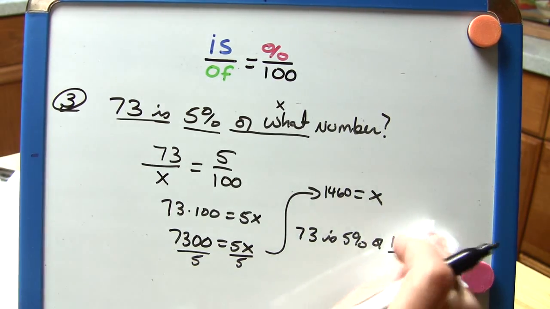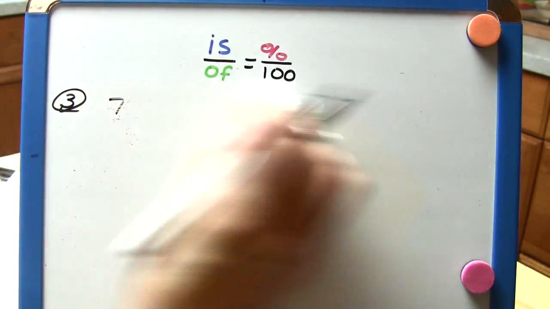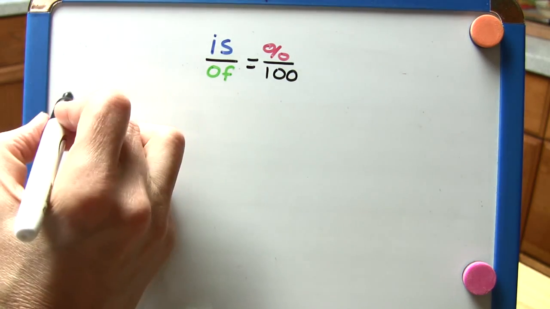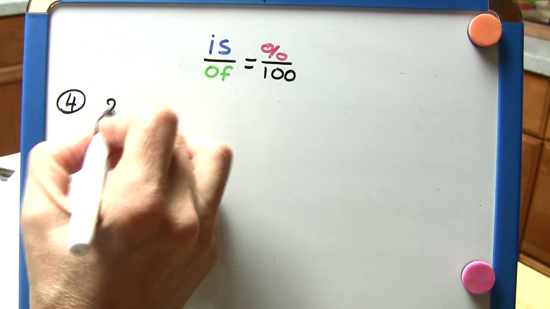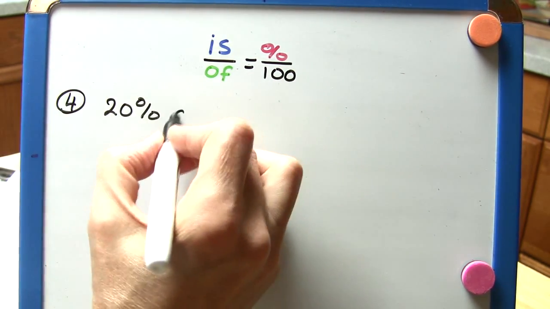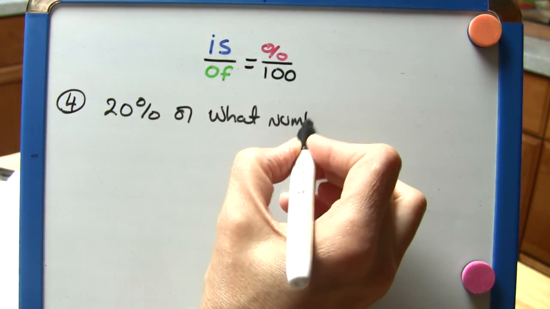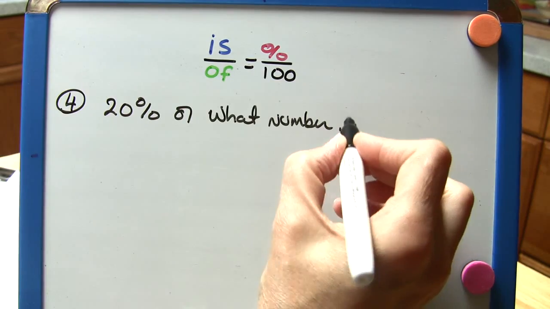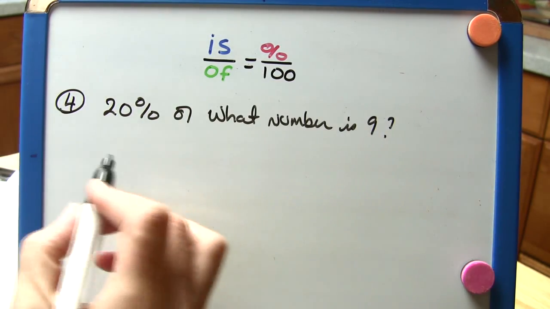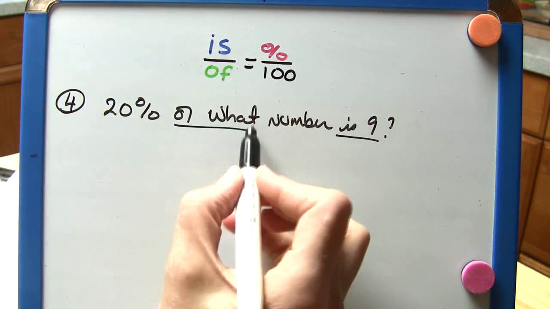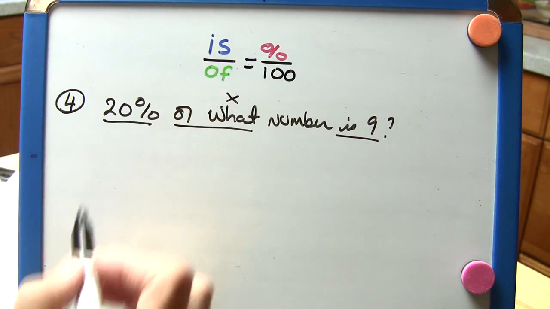We have time for one more. 20% of what number is 9? Okay, is 9, of is my x, 20%.